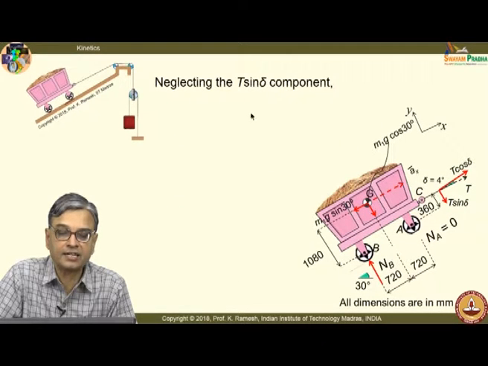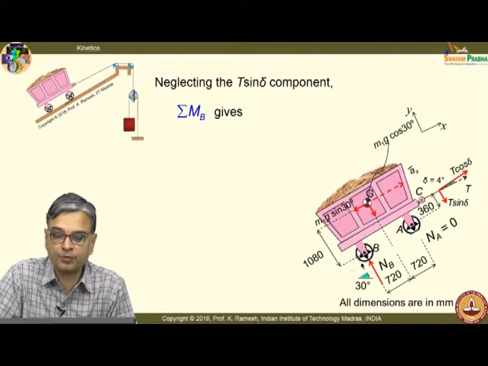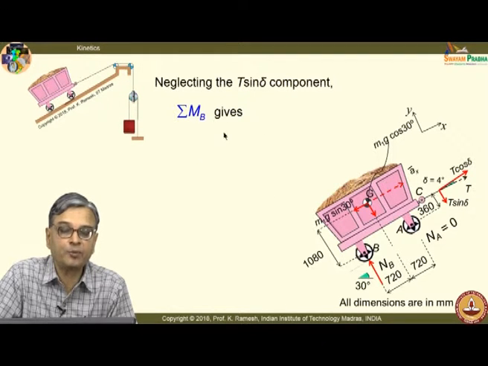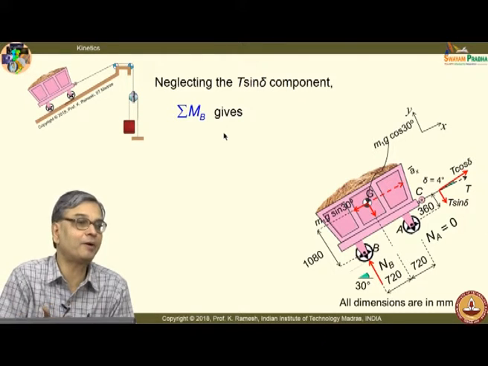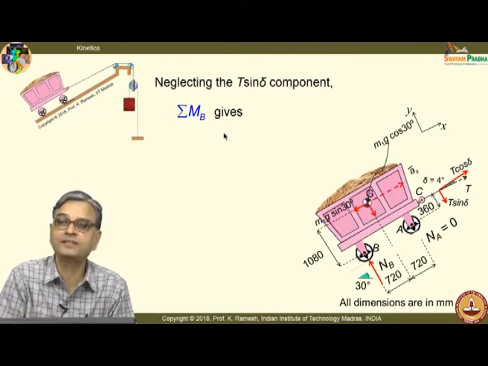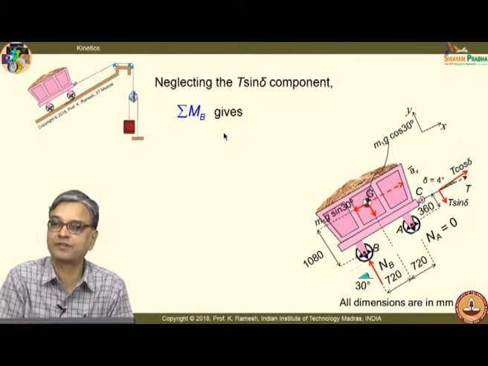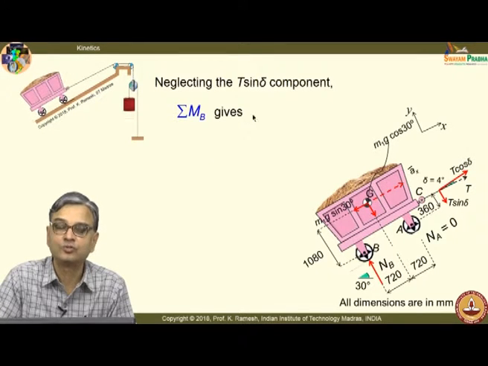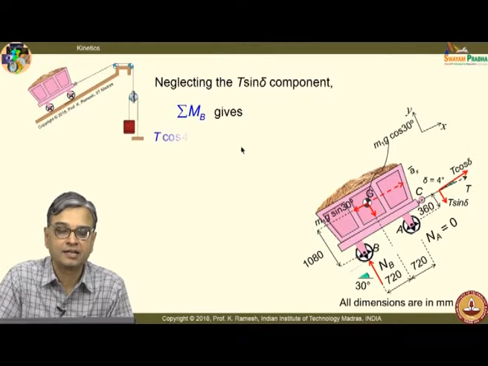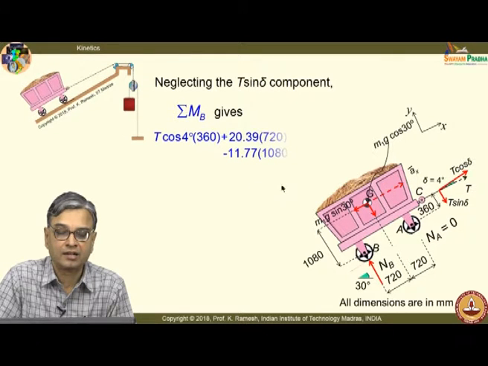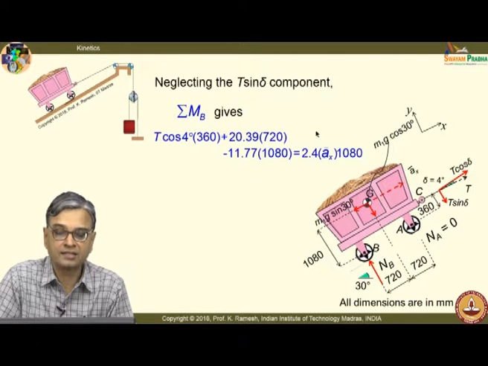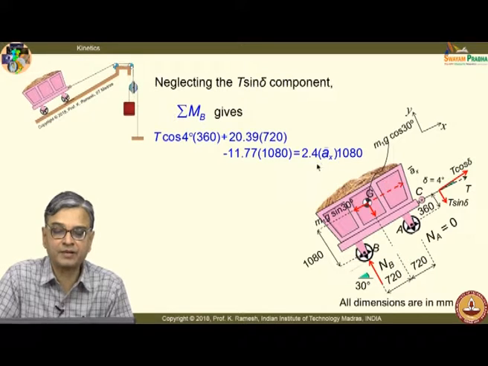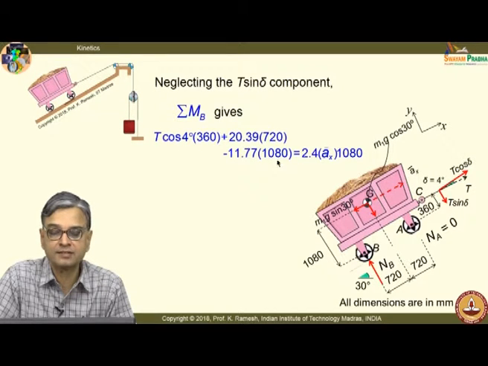And neglecting the T sin delta component, I can also write the moment about point B. It is an arbitrary point. We know the recipe, how to write the moment equation, is it not? You have this like this, because I have this quantity, I can find the moment about all of this.